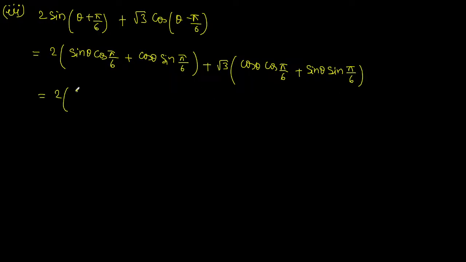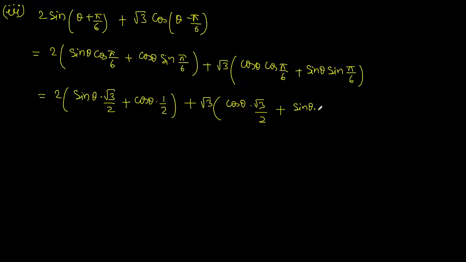which is 2 times sin theta cos 30, which is root 3 by 2, plus cos theta sin 30, which is 1 by 2, plus root 3 times cos theta cos 30 degrees, root 3 by 2, plus sin theta sin 30, which is 1 by 2.